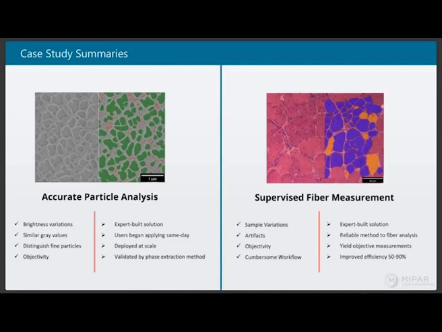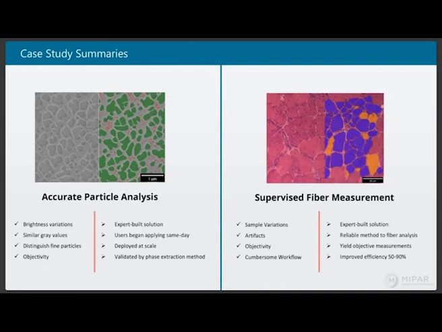On the NASA side, they struggled with brightness variations from image to image, contrast gradients across the image, very similar gray values between particle and background, and difficulty distinguishing very fine particles between the big particles that the eye can see, but basic thresholding really can't. And then most importantly, being objective in how we draw these outlines, not just deciding to draw the boundaries where the user felt comfortable stopping.